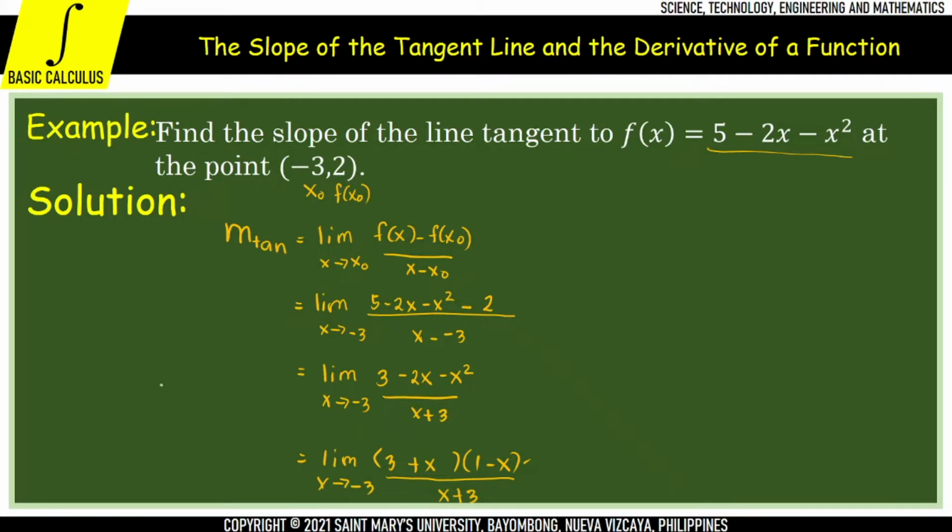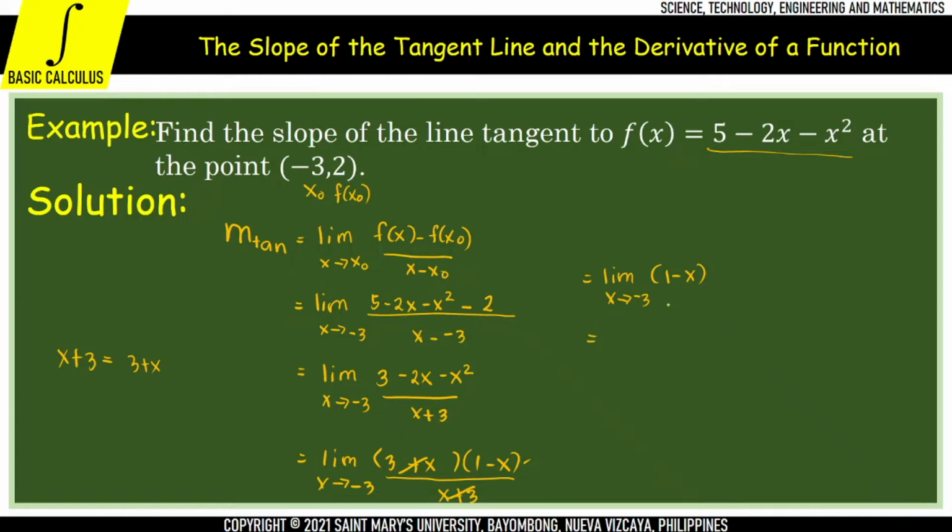Next, by commutative property, x plus 3 is also equal to 3 plus x, which means that we can now cancel common factor in the numerator and denominator. We are left with the limit of 1 minus x as x approaches negative 3. Meaning, we can now evaluate by direct substitution.